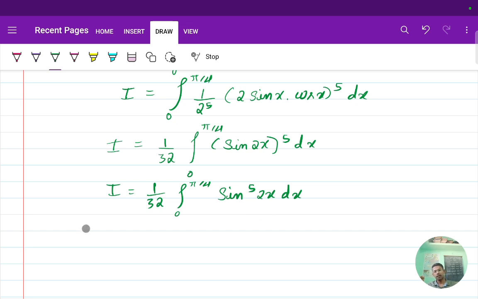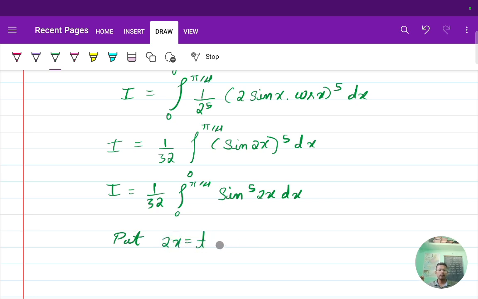Then to apply the reduction formula we should have sine power 5x, but here there is 2. To reduce this to sine power 5x dx, let's put 2x is equals to t.